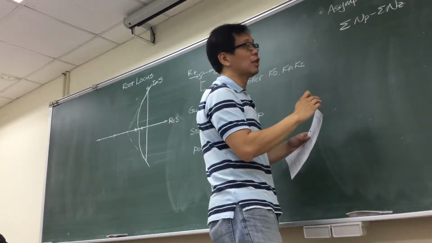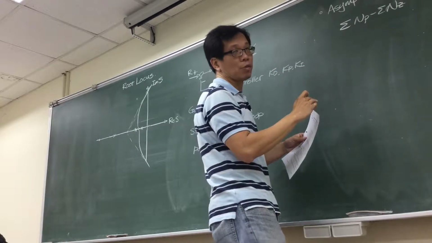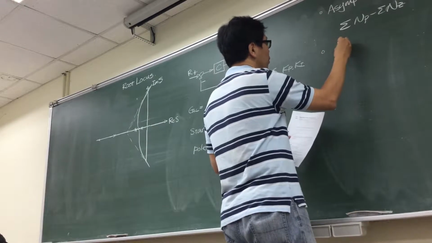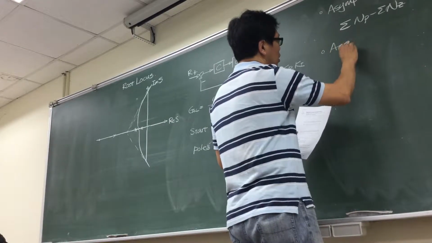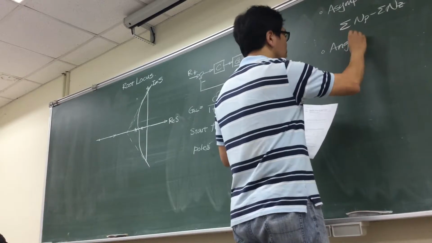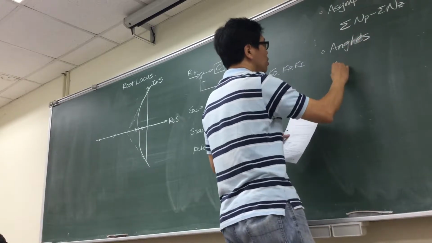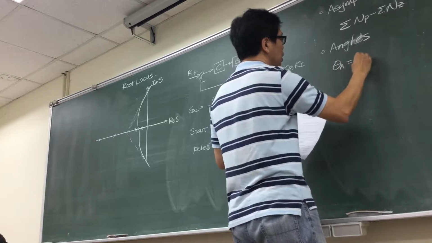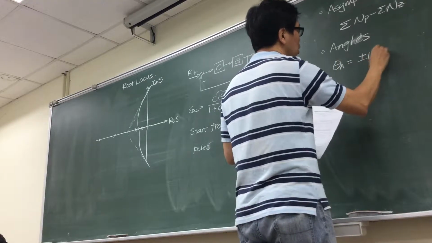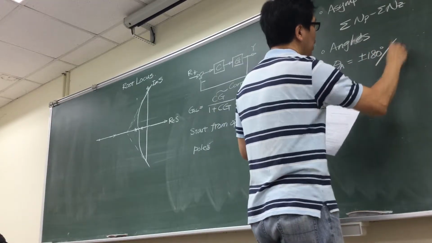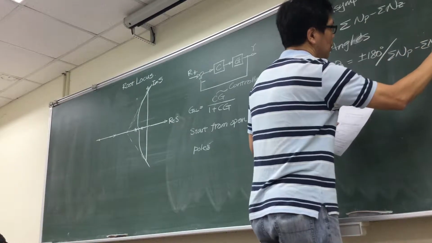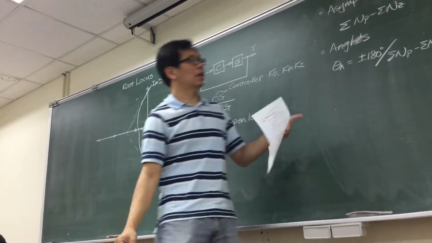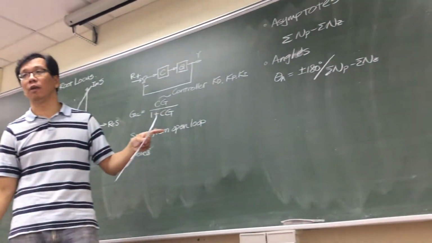And we have angles. That is going to be theta A equals plus minus 180 degrees divided by this number over here. Okay, that is another thing we have been talking about.